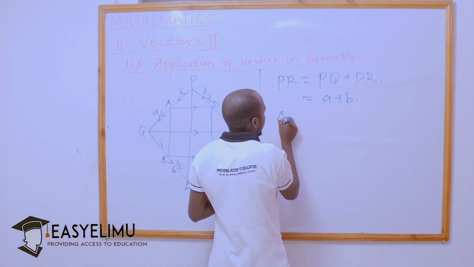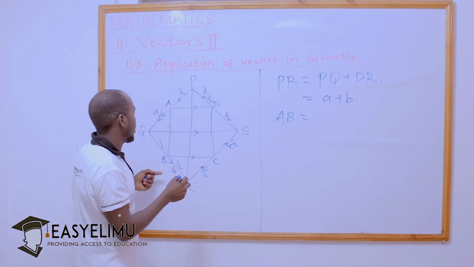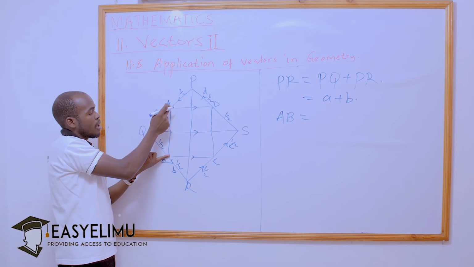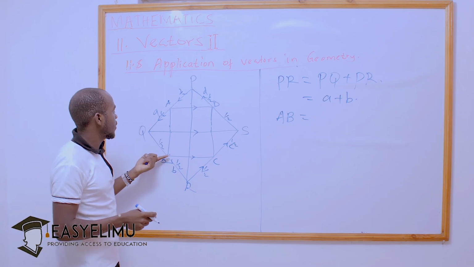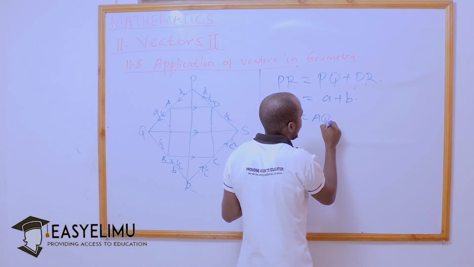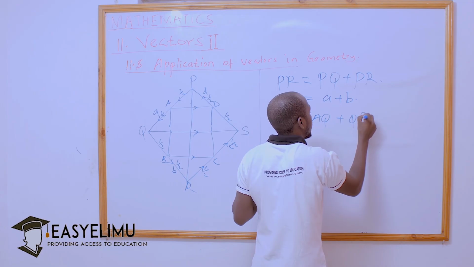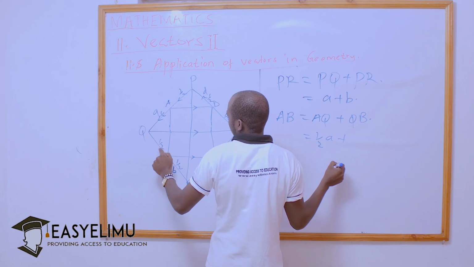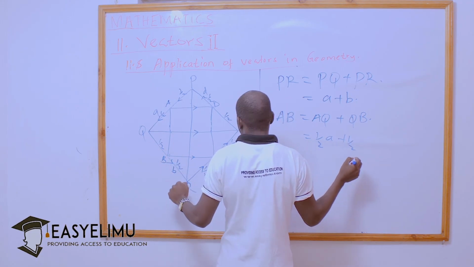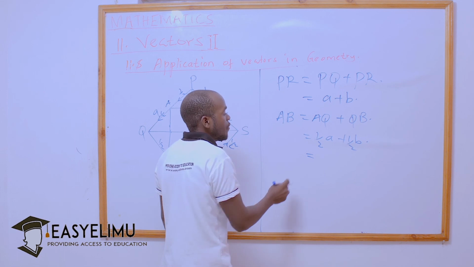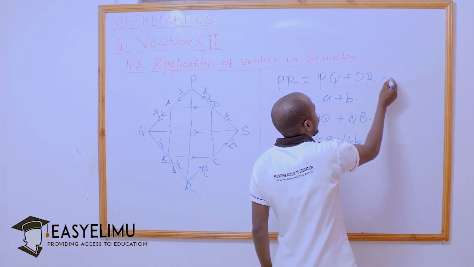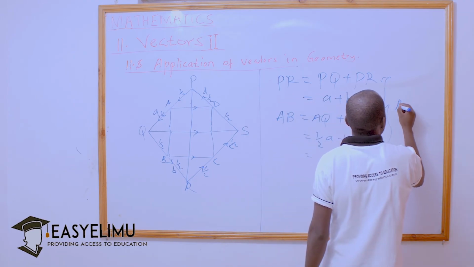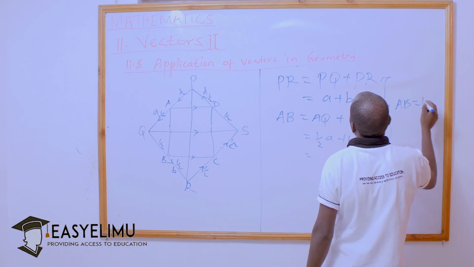So if you want AB, it will be found if and only if you take AQ plus QB, and that one is given by a half A plus a half of this side is B. So that's what we have, and from there you can notice that the two here, one is a scalar multiple of the other, meaning that AB is equal to a half of PR.